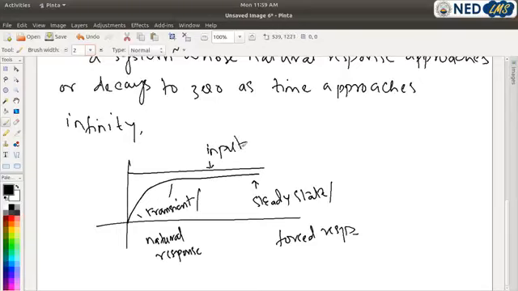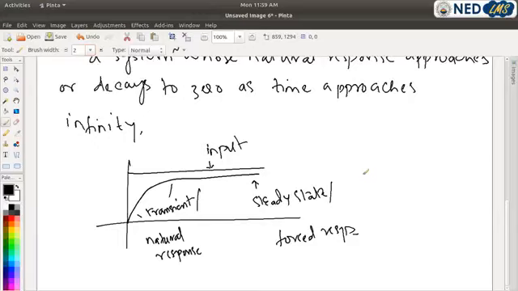So I can say the transient response is also known as the natural response of the system, which is dependent on the parameters of the system only. And the steady state response is also known as the force response of the system, which is solely dependent on the input or the forcing function applied to the system.